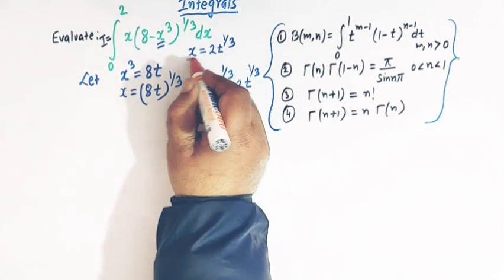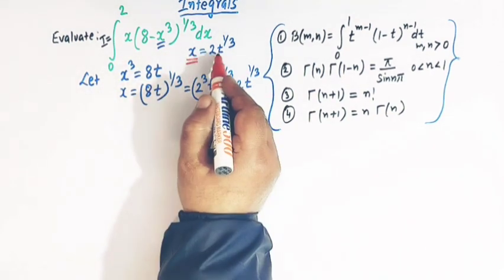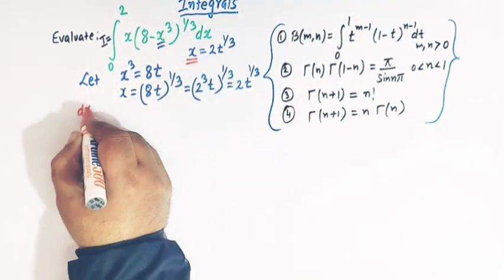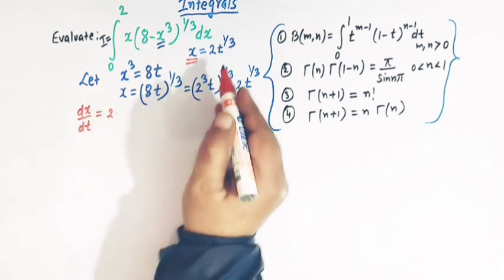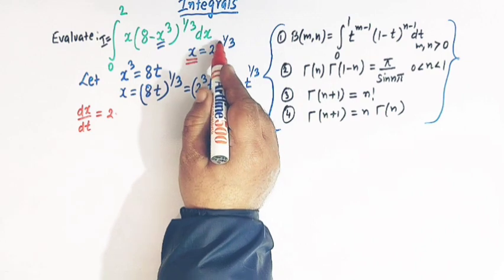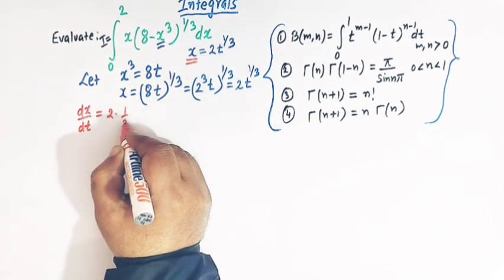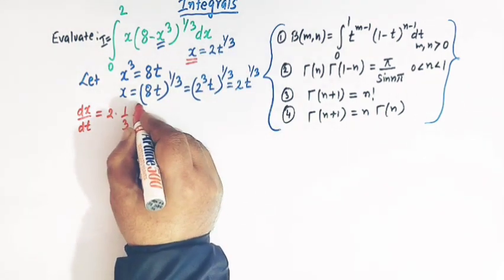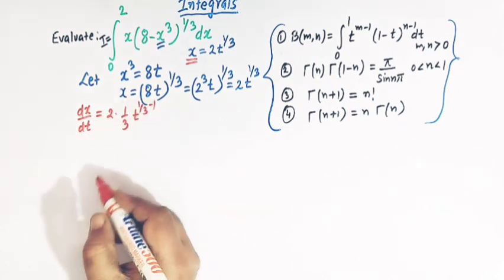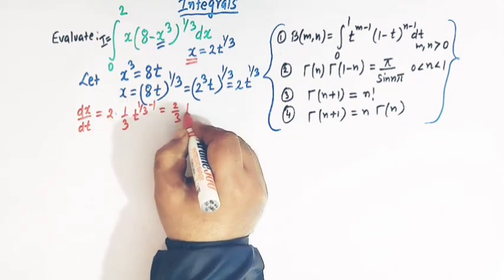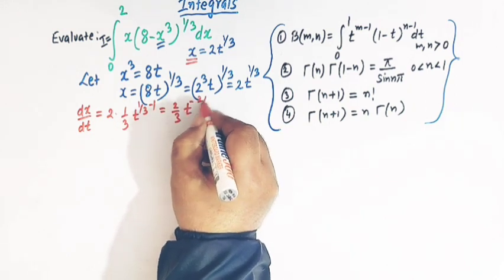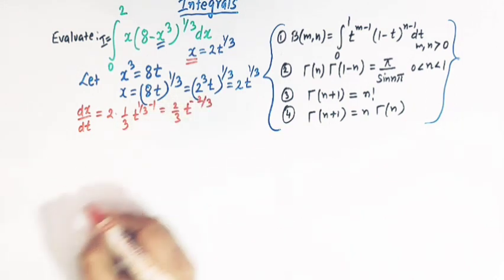So now let us differentiate this x with respect to t. So dx over dt is equal to 2 times the derivative of t raised to 1 by 3, which is 1 over 3 t raised to 1 over 3 minus 1 using the power rule, and then we have 2 by 3 t raised to minus 2 by 3, right?